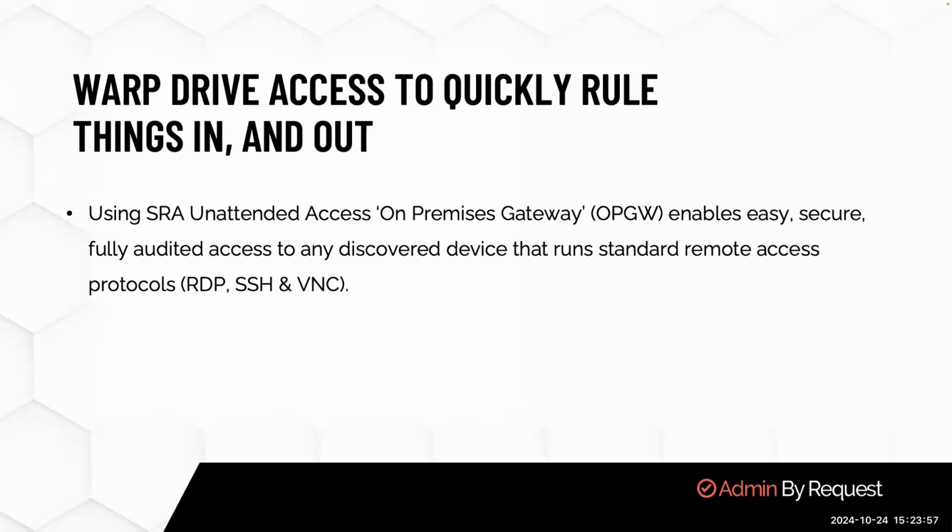As long as they're running the standard protocols, so for example, in the example of our firewall, that might have an SSH ability to access it through SSH. So it'll discover that, and then I'll be able to access that through our system. And there's no limit on the number of these on-premises gateways, so you can go over as many of them as you like.